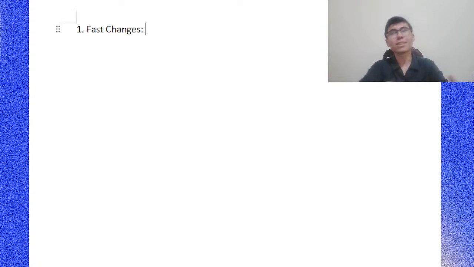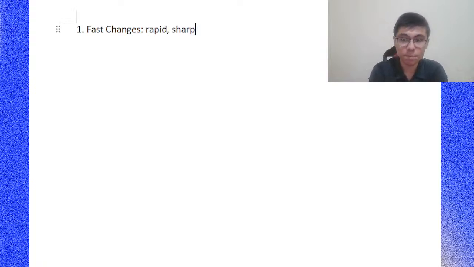The first one is fast changes. You're not gonna use, for example, substantial or significant to describe very fast changes because they have a different category. For fast changes, we have rapid, sharp, quick, and steep.